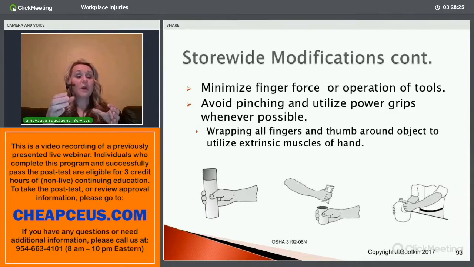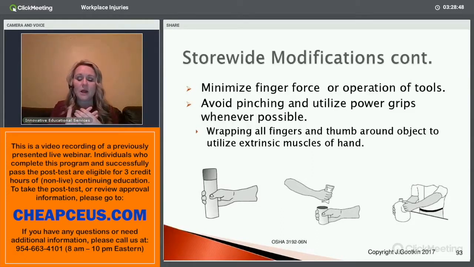Whenever we use a power grip, we're looking at using the extrinsic muscles of the hand, so that makes more sense versus using a pincer grip. So if someone's scanning different items, sometimes a two-hand hold with a power grip makes more sense than a single hand hold with a pincer type of grip, so that we maximize that.